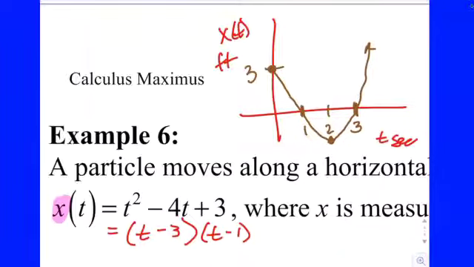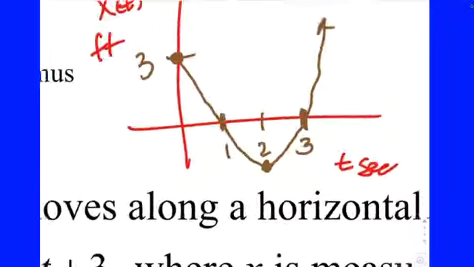And so if we want to figure out kind of the story now, we can see that because the slopes are negative from 0 to 2, the particle's moving to the left for the first 2 seconds. There's a horizontal tangent line at 2, so that's where the velocity is 0, and then the slopes are positive to the right, so that's where the position is increasing again.